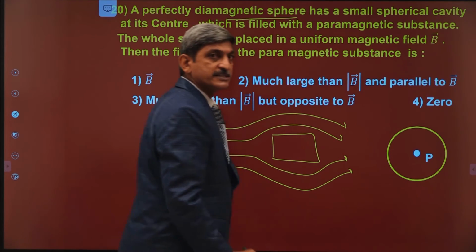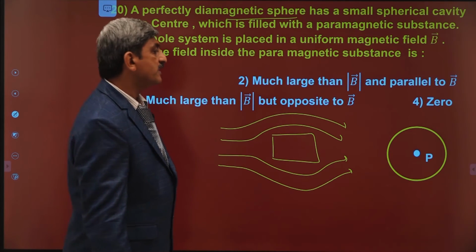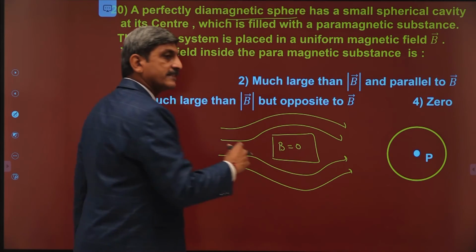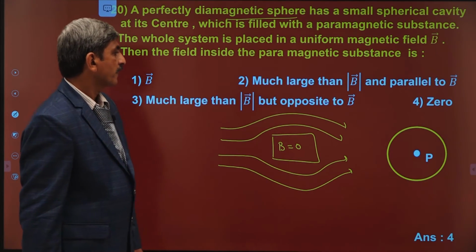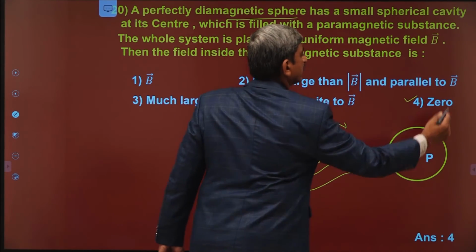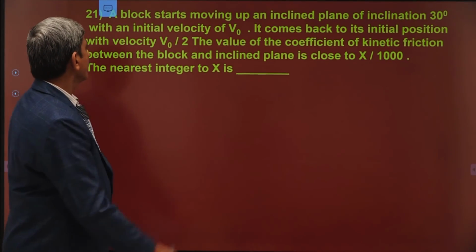Even though the paramagnetic substance is placed inside, the resultant magnetic field inside it is equal to 0, because of the diamagnetic substance. So the answer is 4. The resultant magnetic field inside the substance is equal to 0. Now come to the next one.